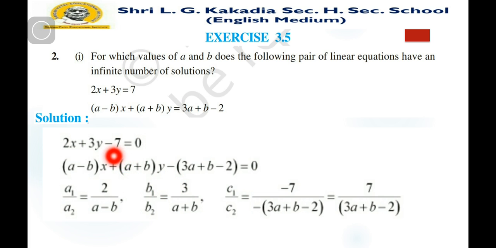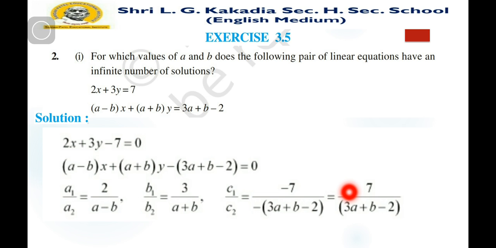After that c1 by c2: here minus 7 is c1 and minus (3a plus b minus 2) is c2. So c1 by c2 is minus 7 by minus (3a plus b minus 2), and finally we get 7 upon (3a plus b minus 2).